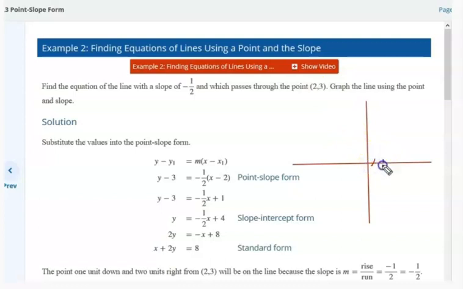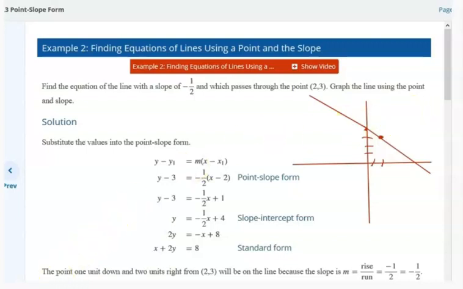So 1, 2, 1, 2, 3. There's our point, and then a negative 1/2. So we go over 2, up 1, and that would be our graph, something like so. So it would be over 2, up 1. Now you could have gone over 2 this way, down 1, and there are various ways to do it.